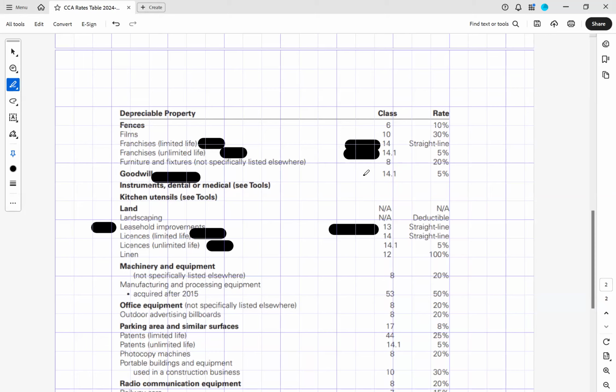Goodwill class 14.1 at 5%. And then remember we talked about unlimited life intangibles. Remember this franchise up here? We said unlimited life class 14.1, also at 5%. So class 14.1 is for goodwill and unlimited life intangibles. So let's go back to our handout and have a look at this question together.